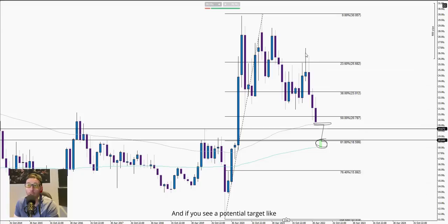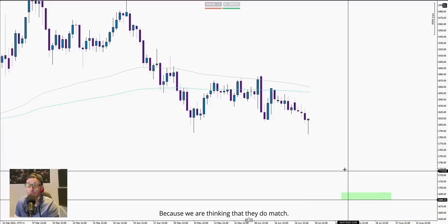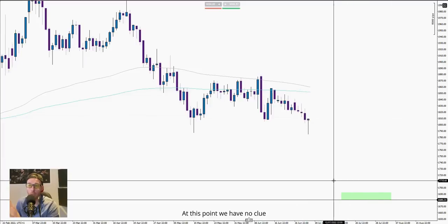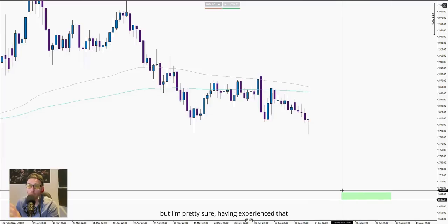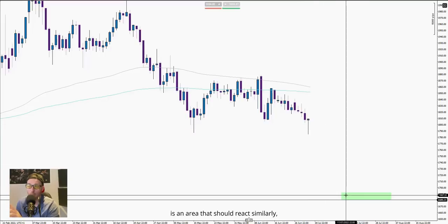And if you see a potential target like this, what you'd be doing then, because we're thinking that they do match, at this point we have no clue, but I'm pretty sure, having experienced that for the past 12 months, that this is an area that should react similarly at the same time.